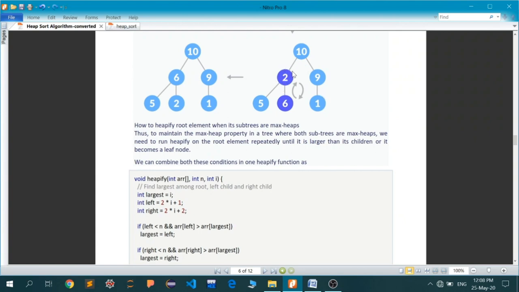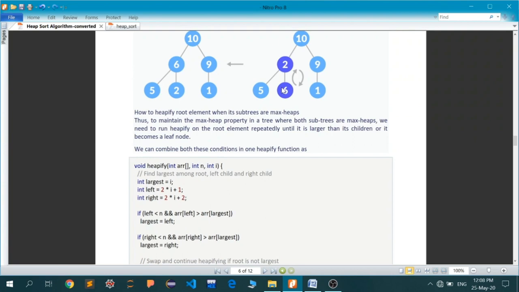For the left, first we will see that if the element at this left hand side is greater than this root node element, that is 2, then largest will be converted to left.